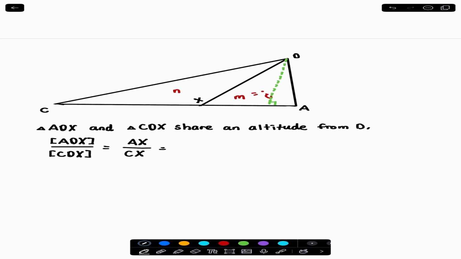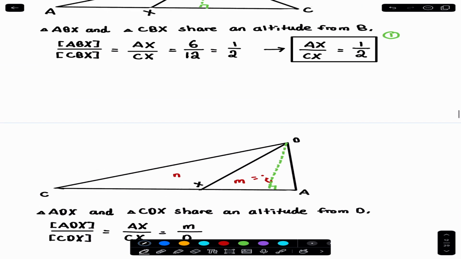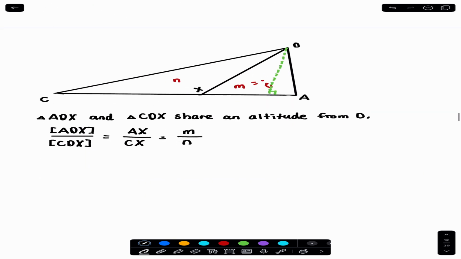The area of triangle ADX is what we have called M, and the area of CDX is N. So we actually have this.